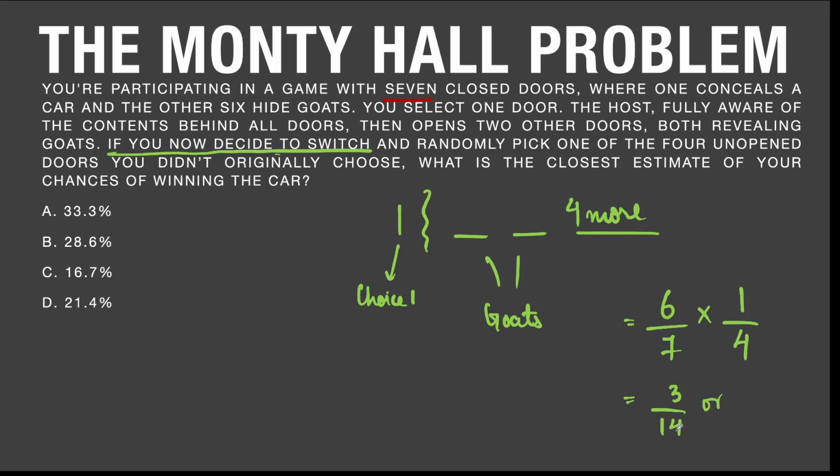Or when I multiply it by 100 and give the answer in percentages, 14 2s are 28, another 2, 14 1s are 14, another 6, 14 4s are 56. So somewhere around 21.4% is my answer.